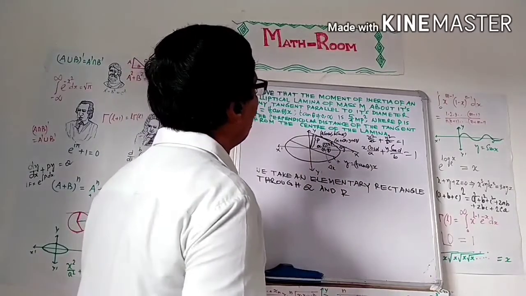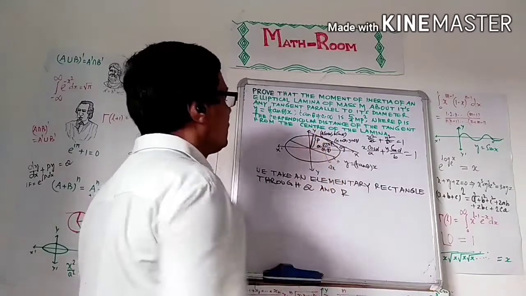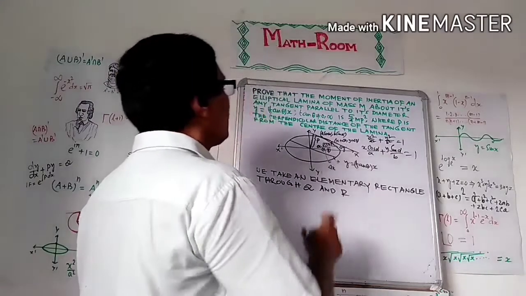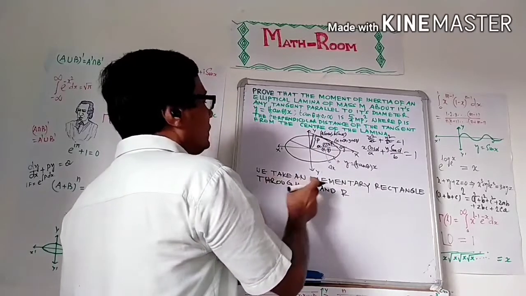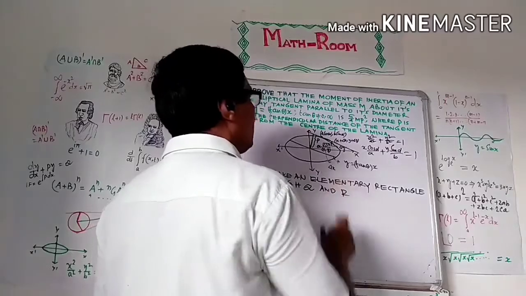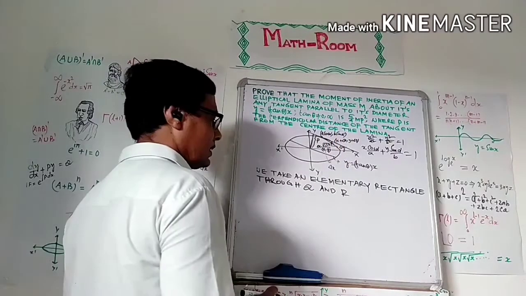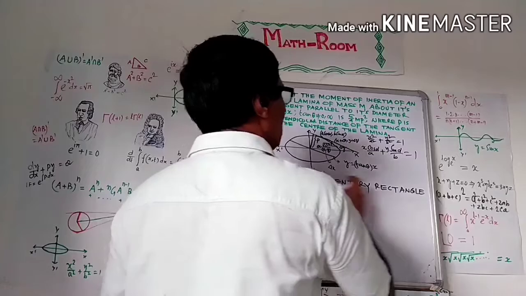Also Q and R are two neighboring points, very near to each other, and the area of the elementary rectangle is del x del y.